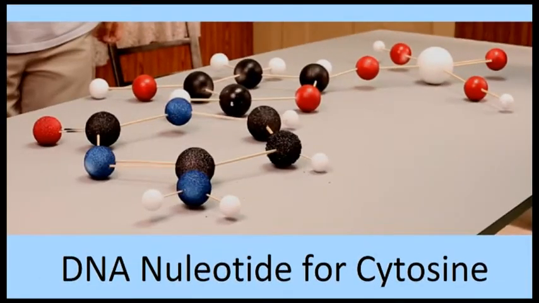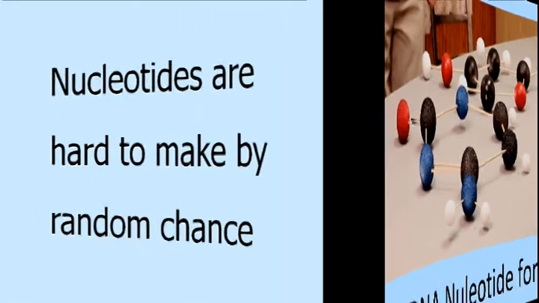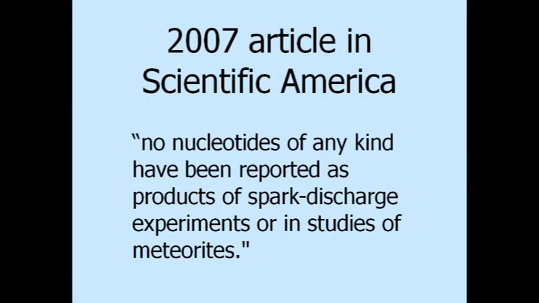The DNA nucleotide for cytosine is very complex. It is difficult to make by putting simple chemicals in a beaker of water and heating it or adding a spark of electricity. Scientists have been trying this for many years. An article in Scientific American has summarized these attempts.